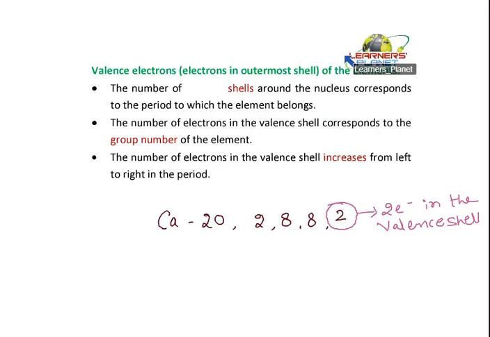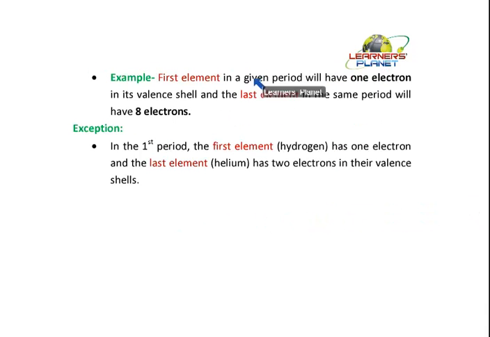Now let's discuss how it goes on. For example, the first element in a given period will have 1 electron in its valence shell, and the last element in the same period will have 8 electrons. I'll take the example of lithium, the simplest one.